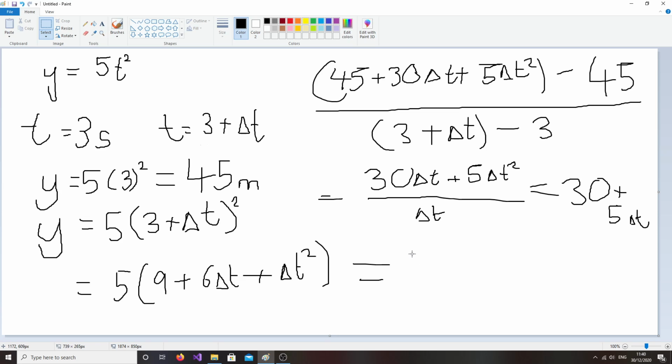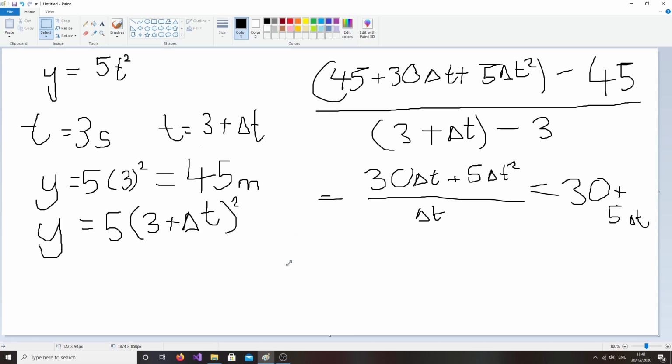What we have to realise is that delta t, if we want to find the speed at that specific point, we can decrease delta t towards 0. So let's say delta t approaches 0.